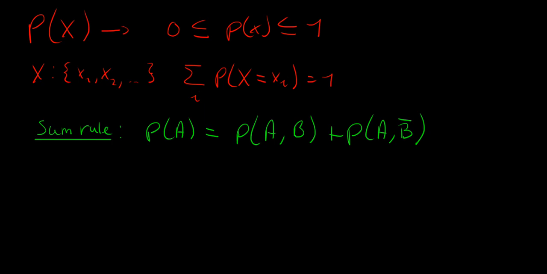So everything containing B or everything not containing B, or the probability that B happens, and with a bar it means it's not happening. Sometimes you will see it with a C above it as a complement, but right now we will just use the bar.